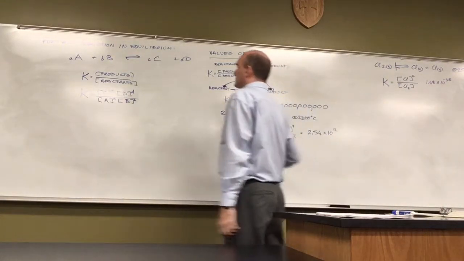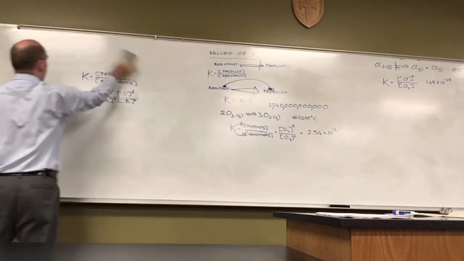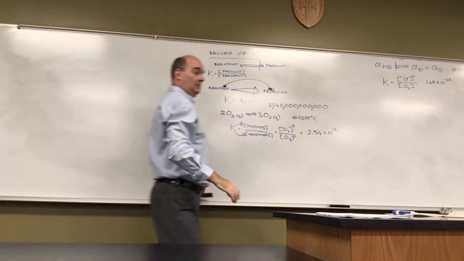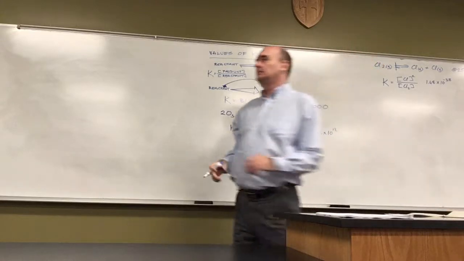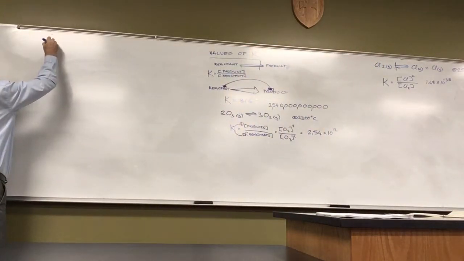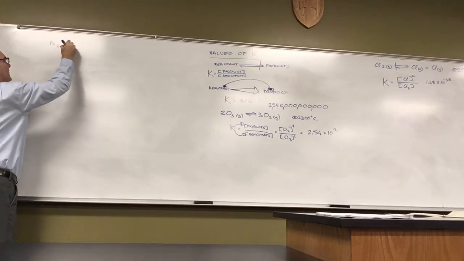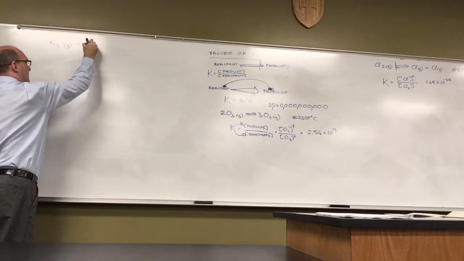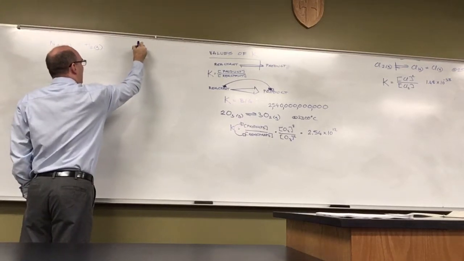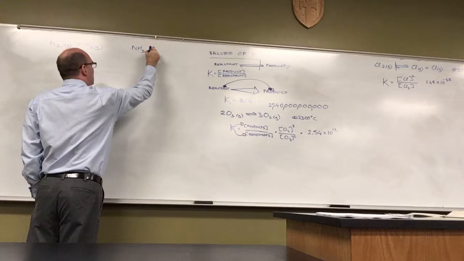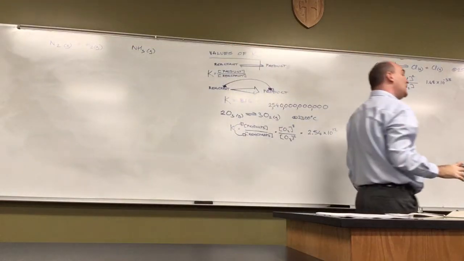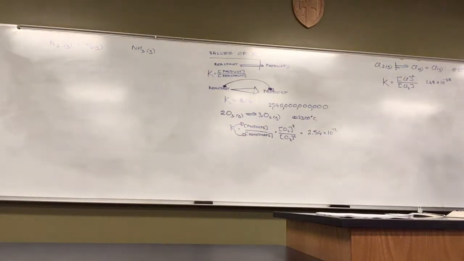The Haber process is a very, very important, industrially massive reaction in which we take nitrogen, dinitrogen, which is a gas, and dihydrogen, which is a gas, and we make ammonia, which is a gas. And then we use that ammonia to make fertilizers.